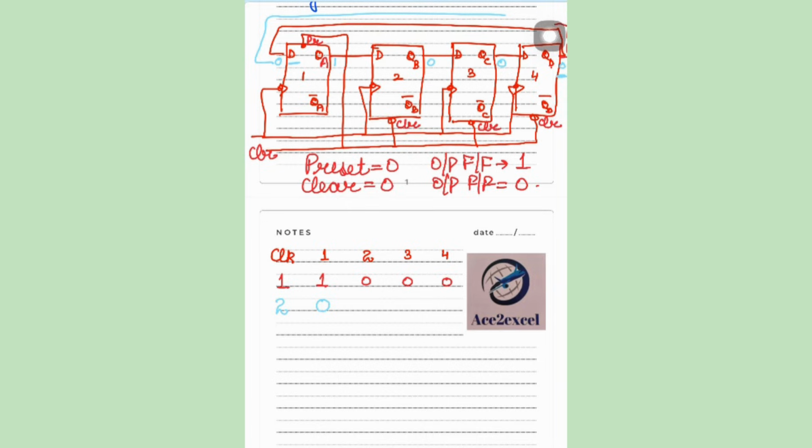And the previous one is shifted to flip-flop 2. The 0 is shifted to flip-flop 3, and this 0 is shifted to flip-flop 4. So flip-flop number 2 now gets D high. So the output appears like this.